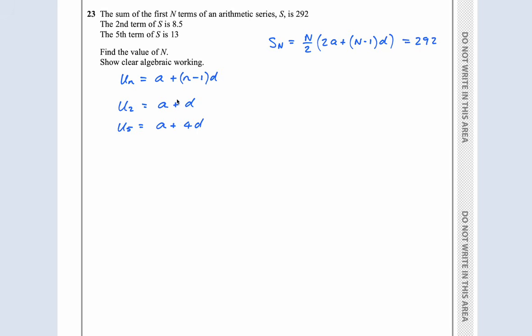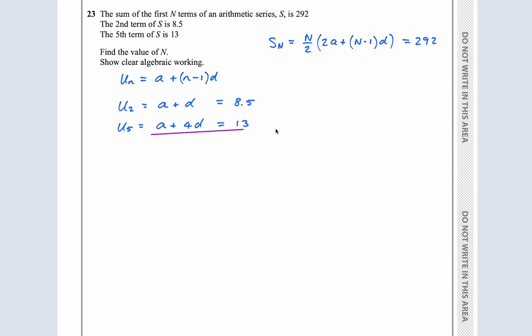So we have this, but he tells us the second term is 8.5, and the fifth term is 13. So now I can solve these simultaneously. I could actually subtract them.